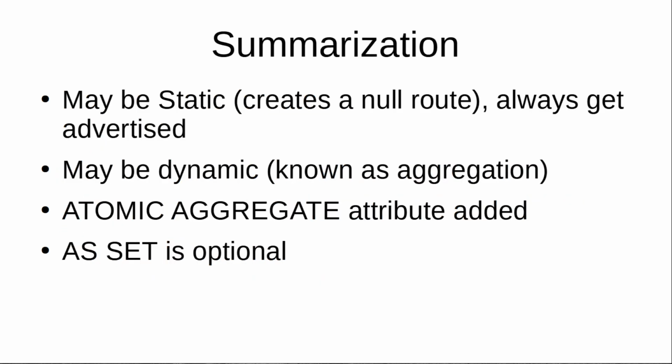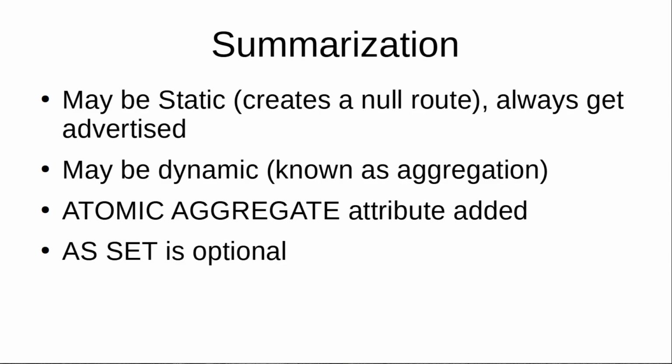When doing summarization, you can create a static summarization. This will involve creating a static null route. This summarization always gets advertised, or you can use a dynamic summarization known as aggregation that will only happen when receiving a prefix that belongs to that aggregation.